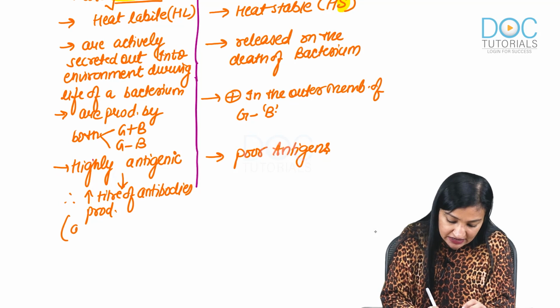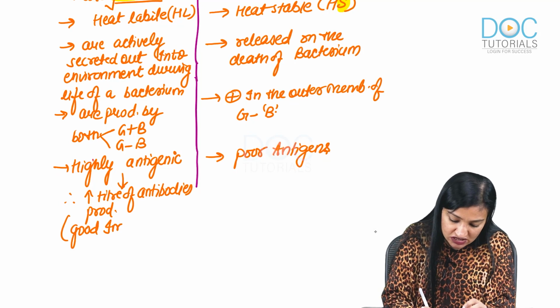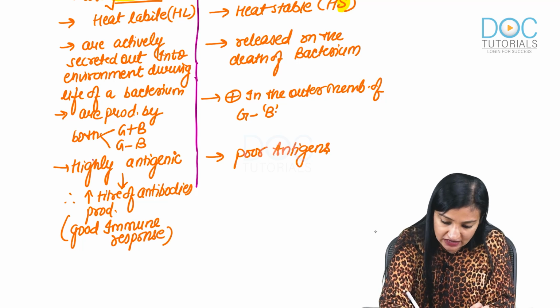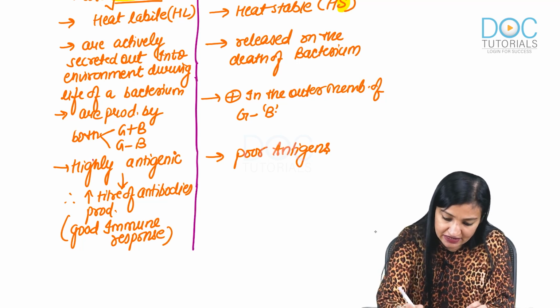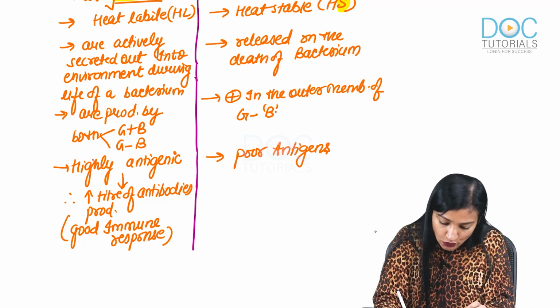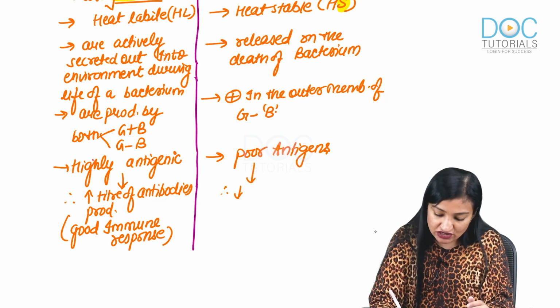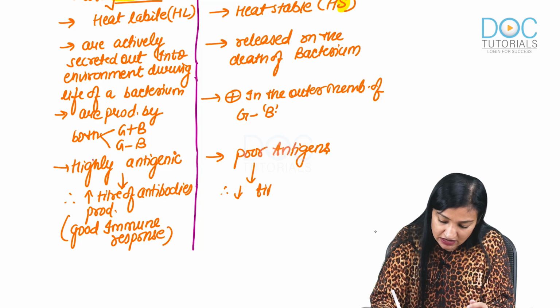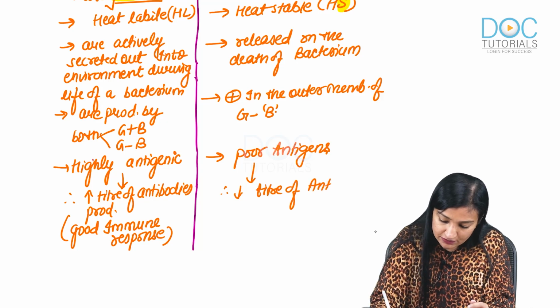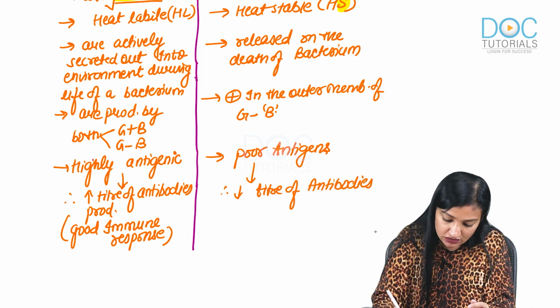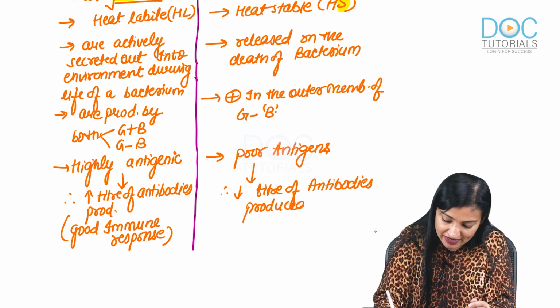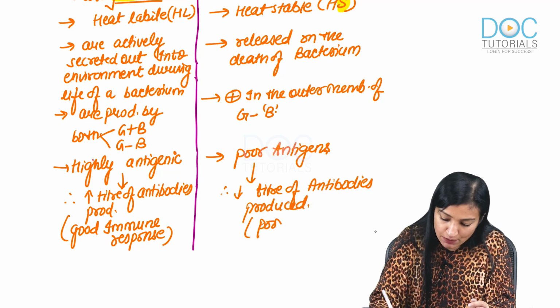In other words, there is a good immune response generated against them. On the other hand, in case of endotoxins, because they are poor antigens, there is decreased titer of antibodies produced, so it's a poor immune response.